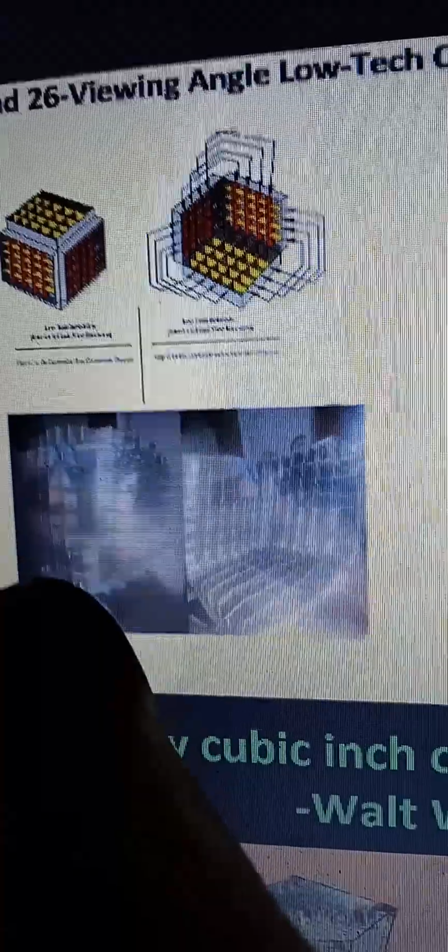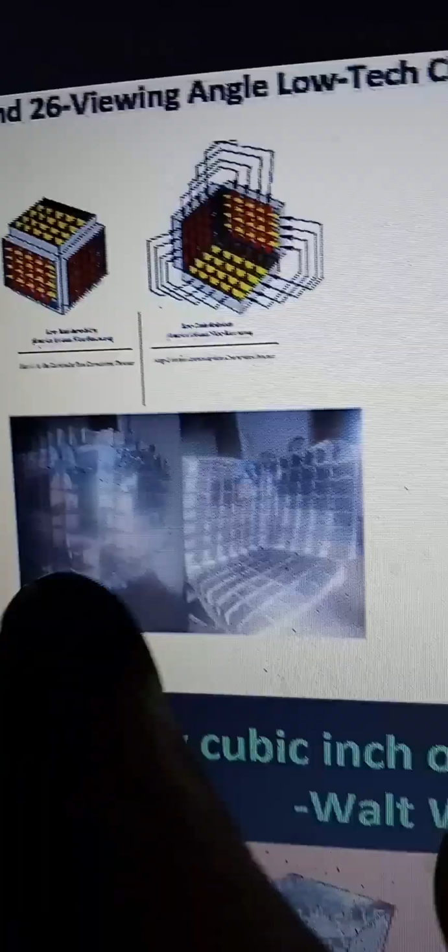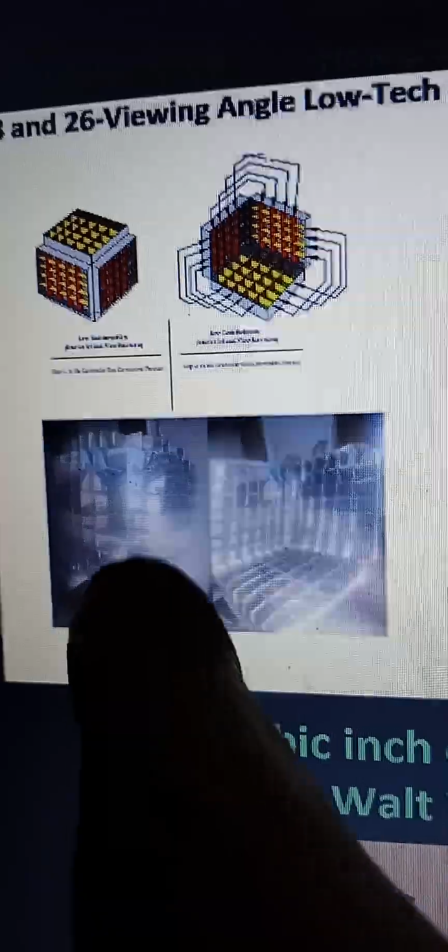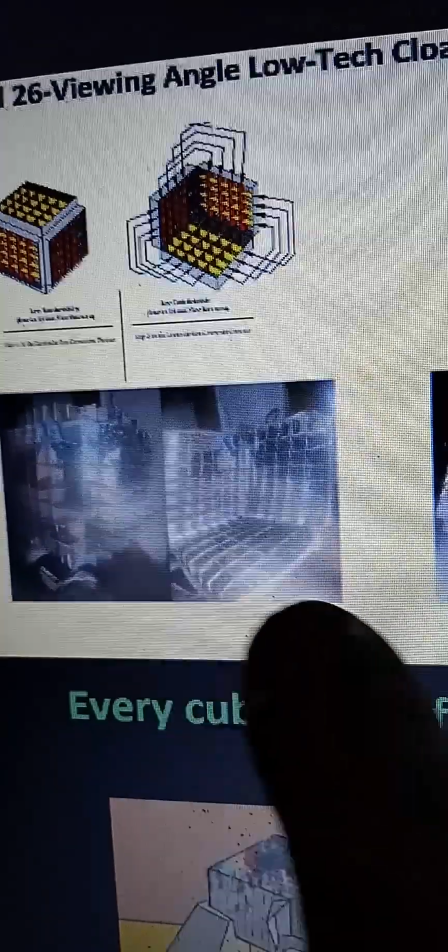The same is true of the inverse of invisibility for a low-tech photographic 18 viewing angle setup, 6 faces and 12 edge-on views. This is an edge-on view.